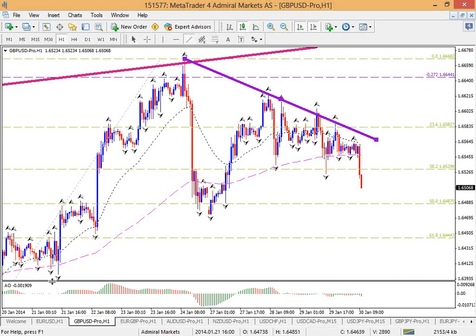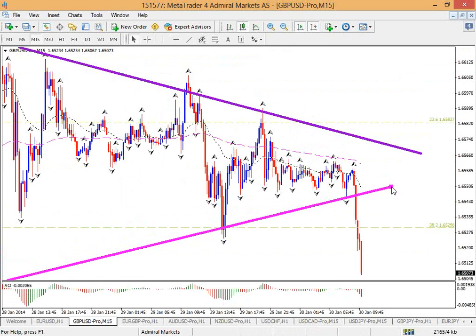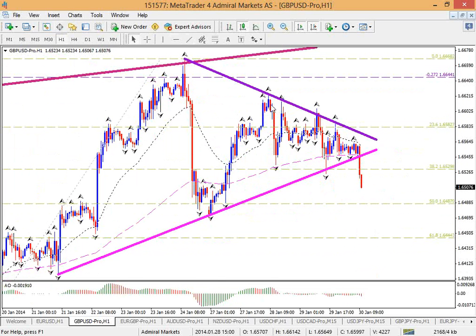Cable is breaking below magenta, and that too is breaking the triangle to the downside. Had a lot of headache here, a lot of ups and downs, but eventually couldn't find the energy and momentum to break to the upside.